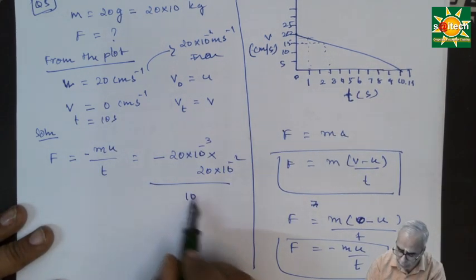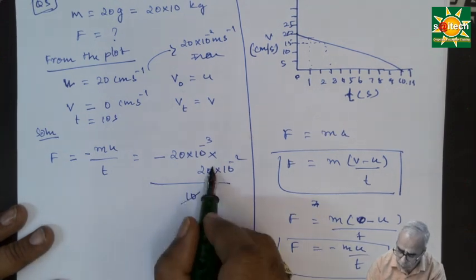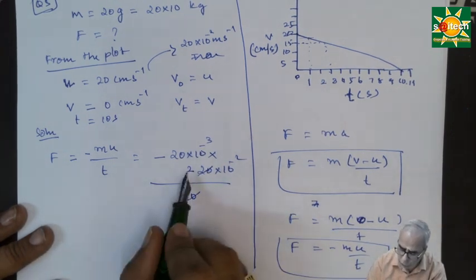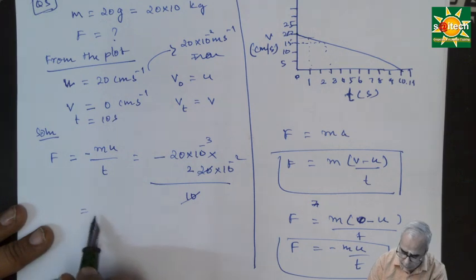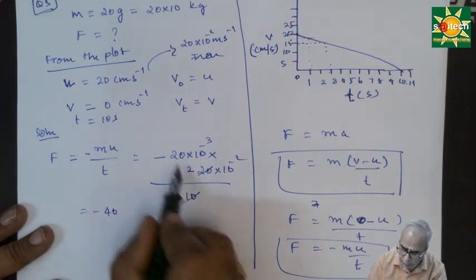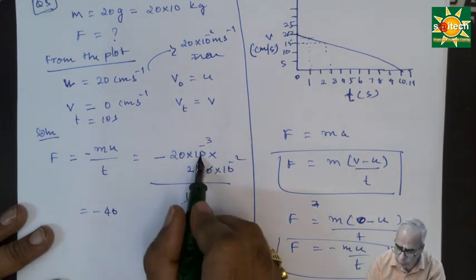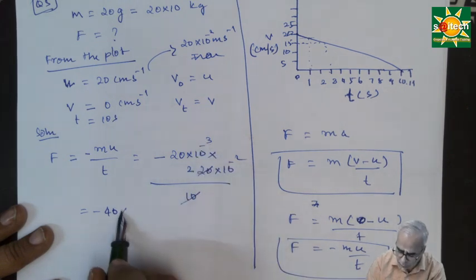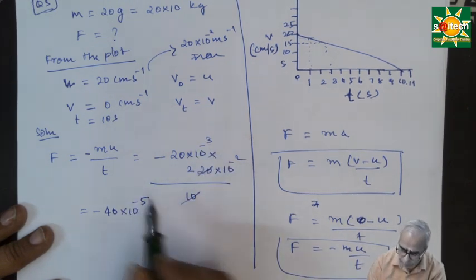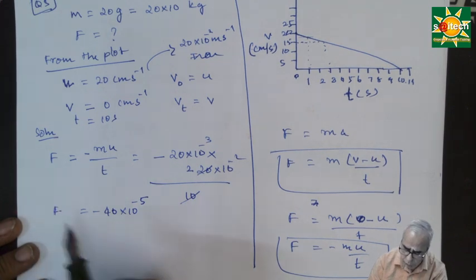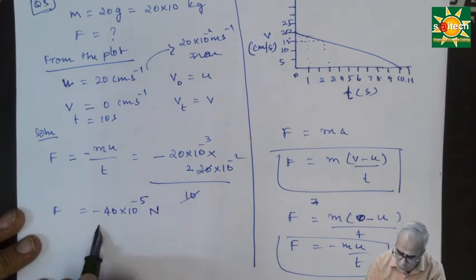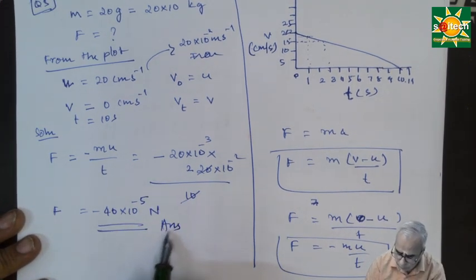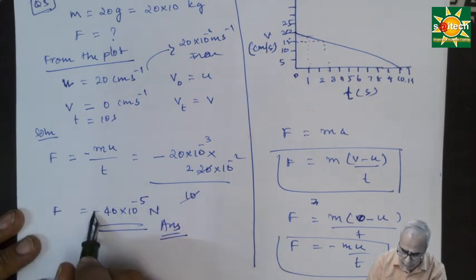So 2 into minus 20 is minus 40, and 10 power minus 3 into 10 power minus 2 gives 10 power minus 5. That is F, so the force is this much Newton. This is the answer. This is the negative force.